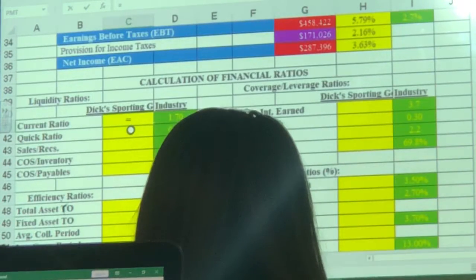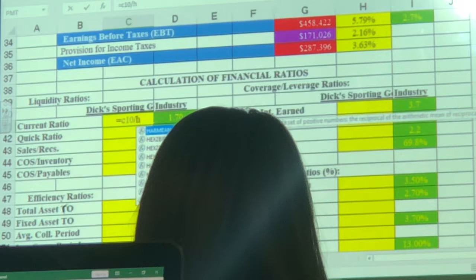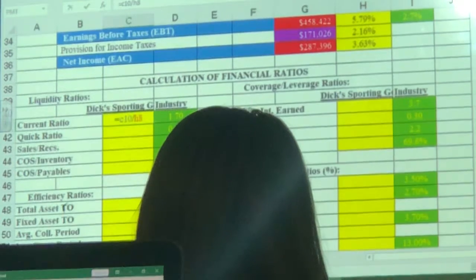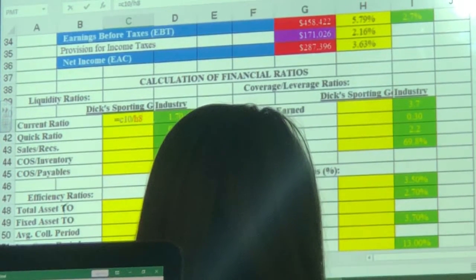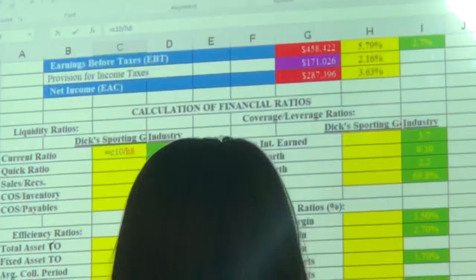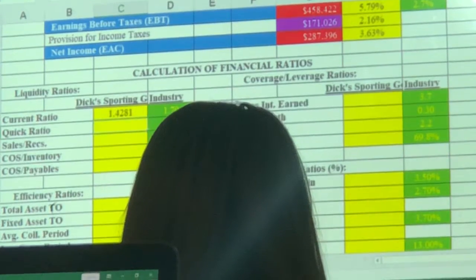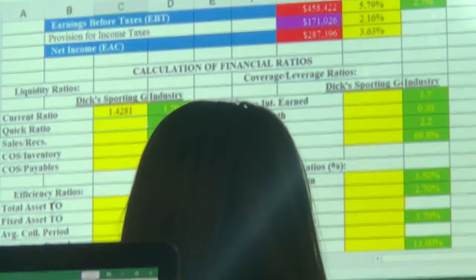C10 divided by H8. No dollar sign. Not copying anything to anywhere. All these are different. C10 divided by H8. 1.4281 is correct.